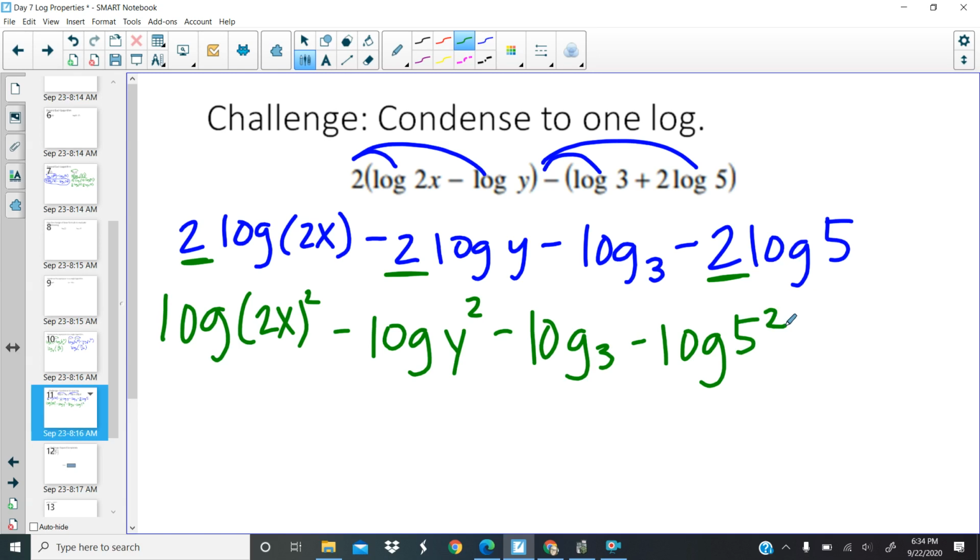And then there's a couple of different ways to go about it at this point. You can just combine the first 2 and then start adding stuff in if you want to. And so that's the method that I'm going to use.